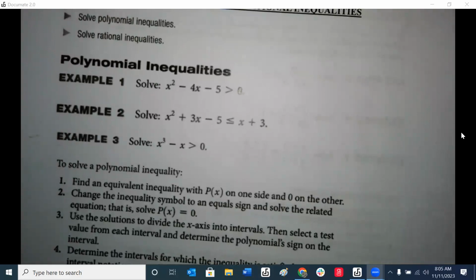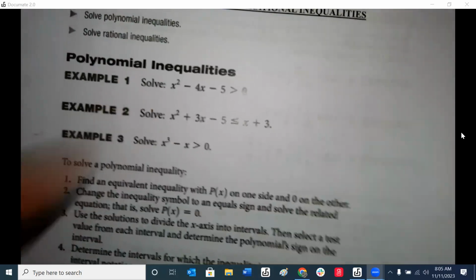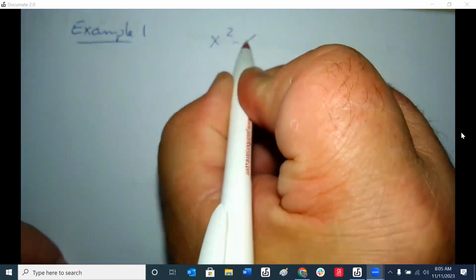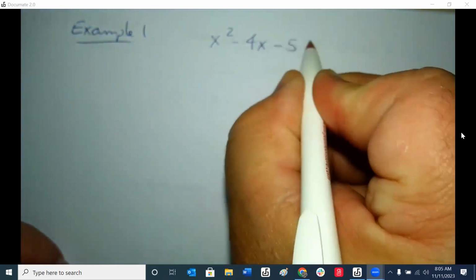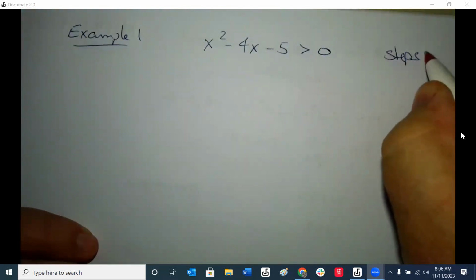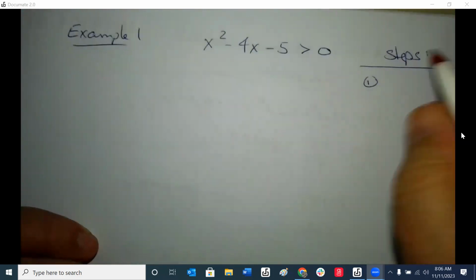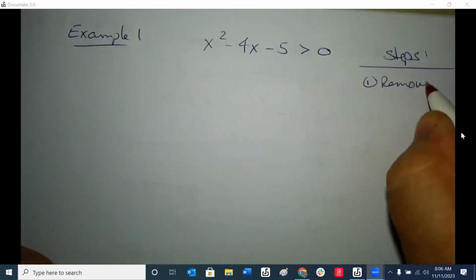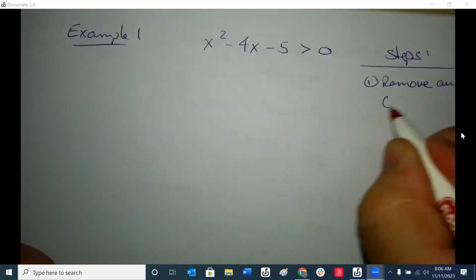All right, so let's look at example 1 from our sheet here. So let's solve this first one. X squared minus 4x minus 5. Here's the steps. Remove any parentheses.